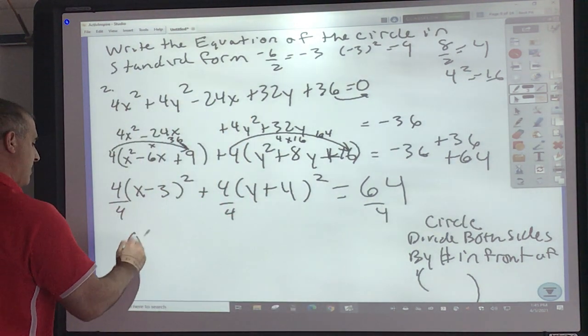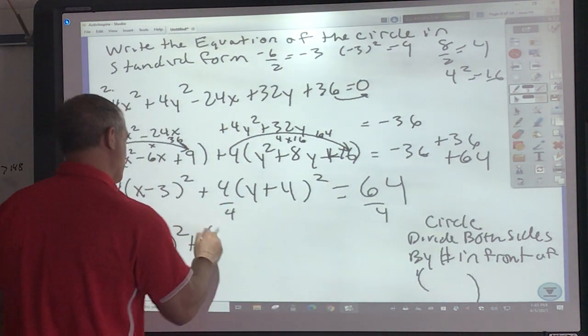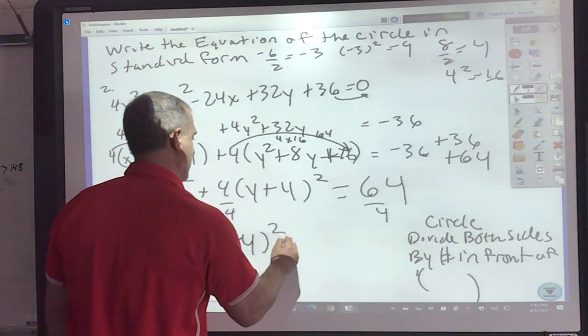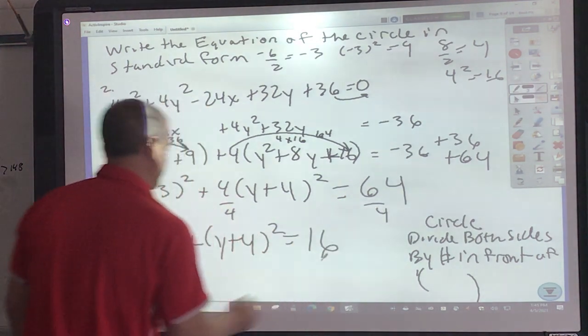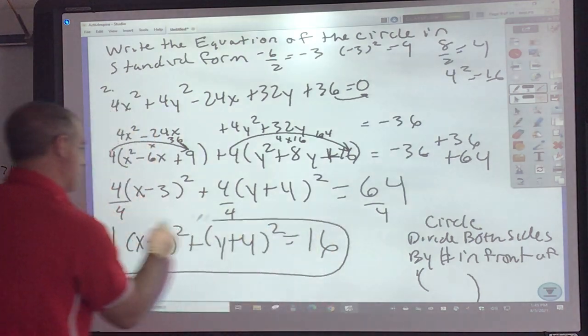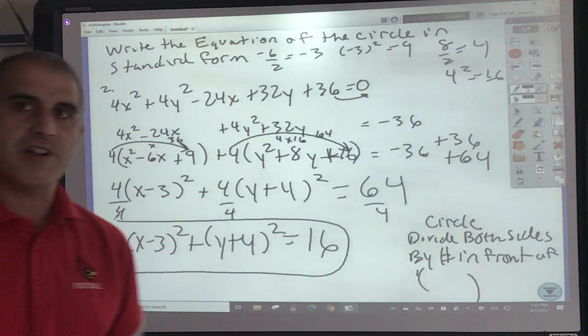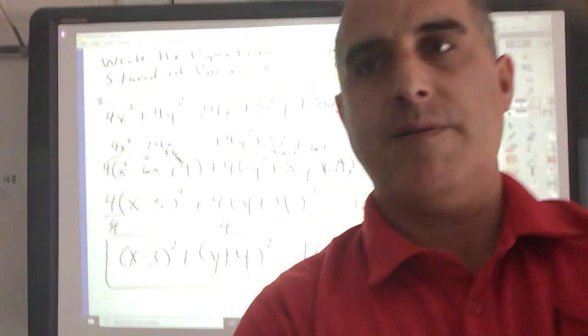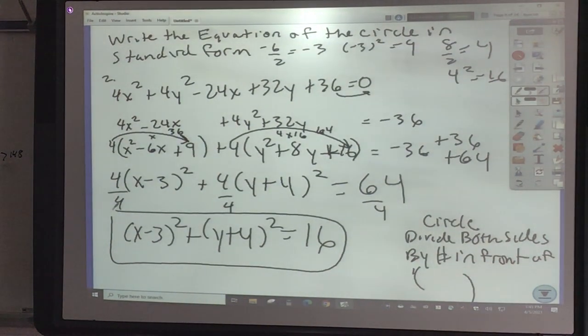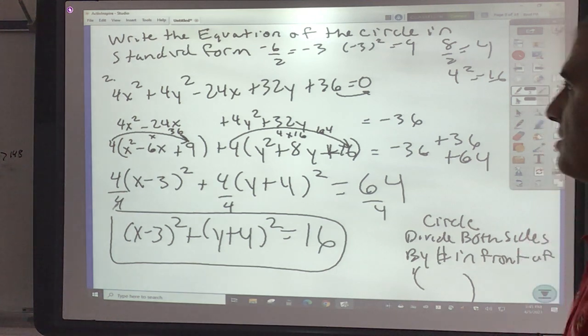That would be x minus 3 squared, this would be y plus 4 squared, and 64 divided by 4 would be 16. And this would be my final equation. So circle, a little unique. My camera's moving a little bit here. Circle, a little bit unique compared to the other ones.